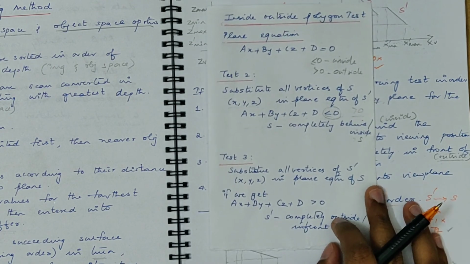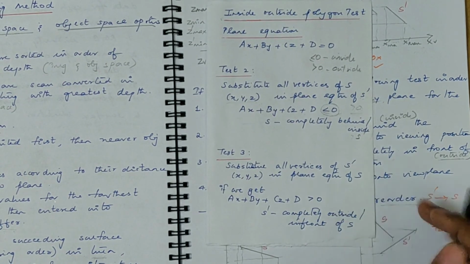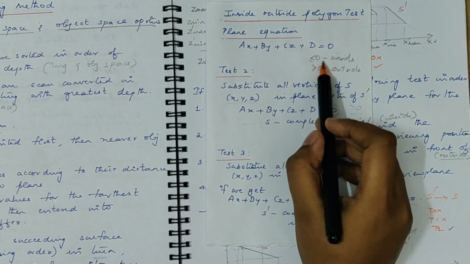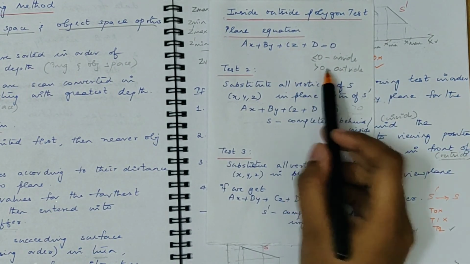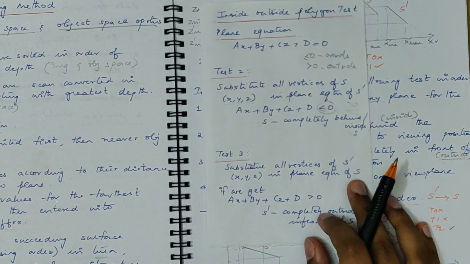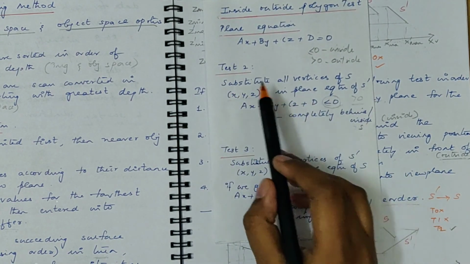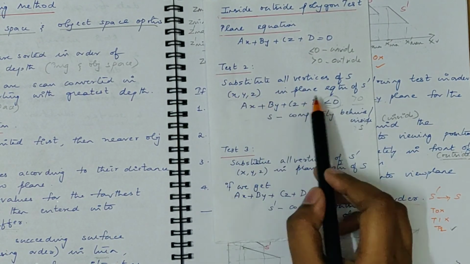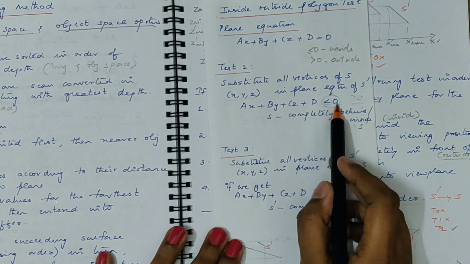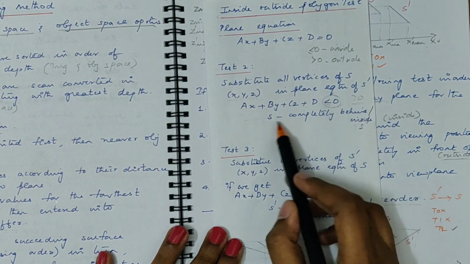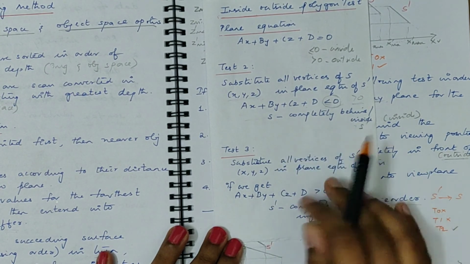And then in order to perform tests 2 and 3, you have the inside-outside polygon test. For any point, if the value is less than or equal to 0, then you say that the point is inside the polygon. If it is greater than 0, you say that it is outside. So for test 2, you substitute all vertices of S in the plane equation of S dash. If for any point the value is greater than 0, then S is not completely inside S dash.